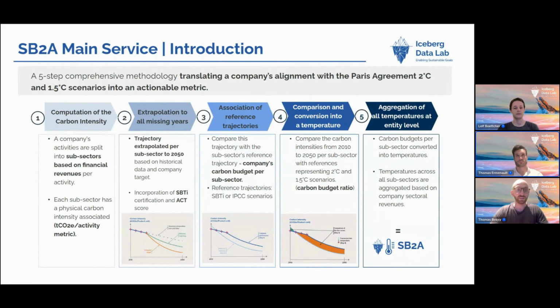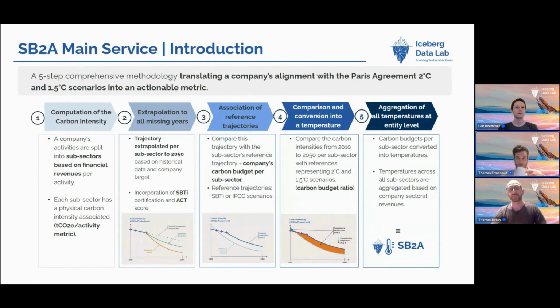First, we compute the carbon intensity of a given company, either through modeling based on financial flows, or through reported data, thanks to the job of our analysts. Then, for the years we have some historical data, we extrapolate all the missing years, either if there are gaps in the history, or more often to extrapolate future emissions.